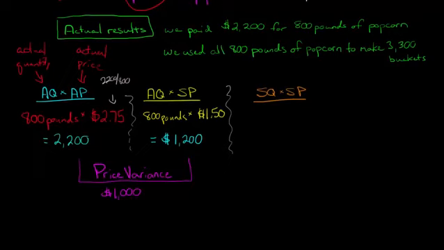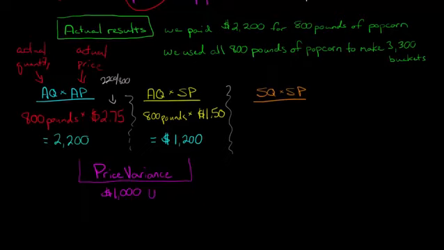Well, the standard price is $1.50, and the actual price is $2.75. So that means we paid $1.25 more per pound for this than what we had expected under our standards. So that's going to be an unfavorable, a U there for unfavorable. That's an unfavorable variance, so we have an unfavorable price variance.